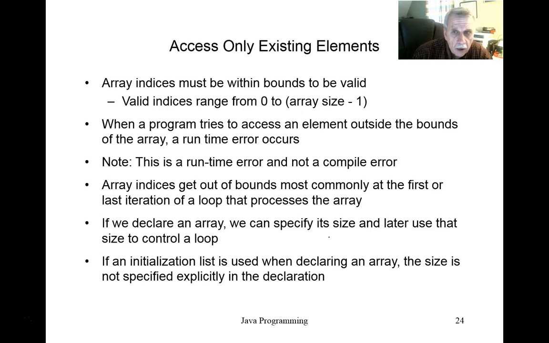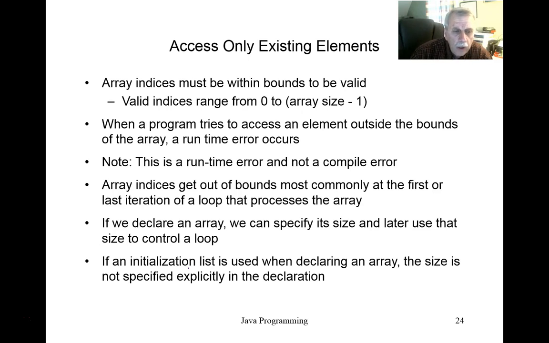We saw that in a couple of examples. We also presented the idea that we could have an initialization list, but in such a case, there is no explicit size specified. We don't specify it even as part of the declaration of the array.